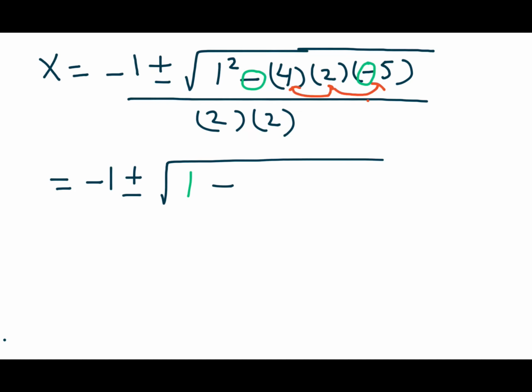So plus 40, divided by 2 times 2, which is 4.